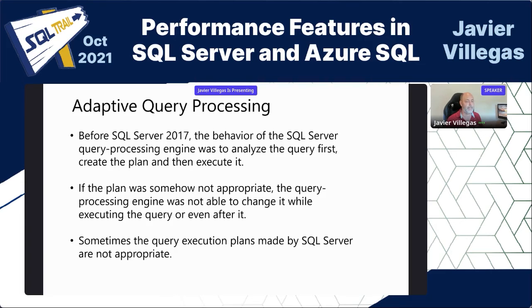Since 2017, with this feature adaptive query processing, SQL Server can come up with the plan, store it in the cache, and execute the code, but then if it detects that the plan has some problems, the execution will provide feedback to the engine, and it will adjust the plan on the fly for the upcoming execution, right?